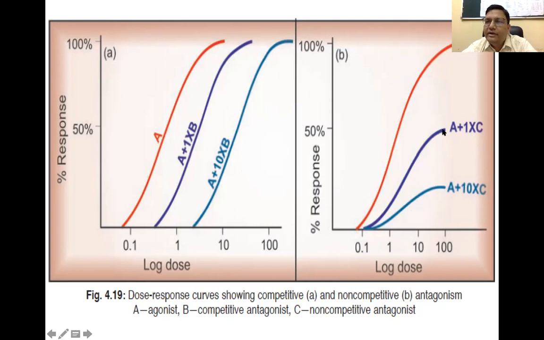So the maximum effect is not going to be produced even though we increase the dose of it. And if a 10 times dose is given, the efficacy is going to decrease further. So the efficacy is going to decrease, and the potency is going to increase with the non-competitive antagonist. We are not going to achieve the maximal effect with the non-competitive antagonist.